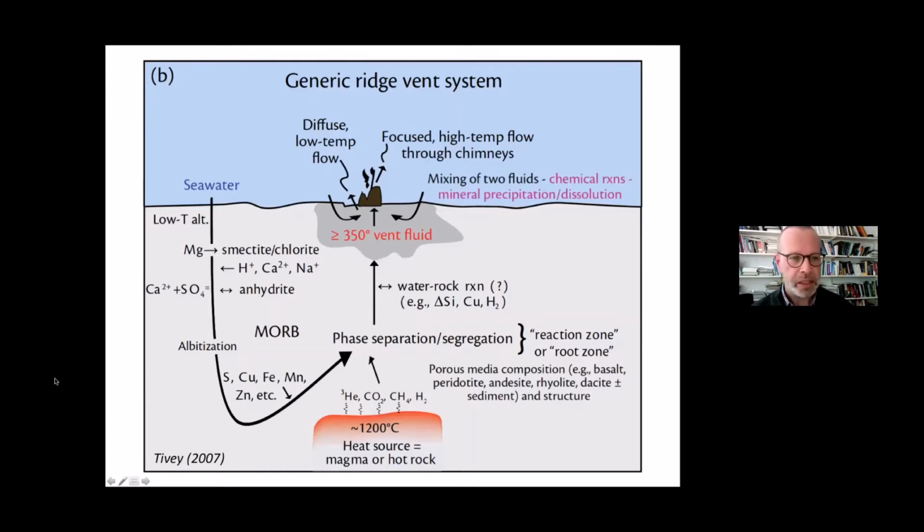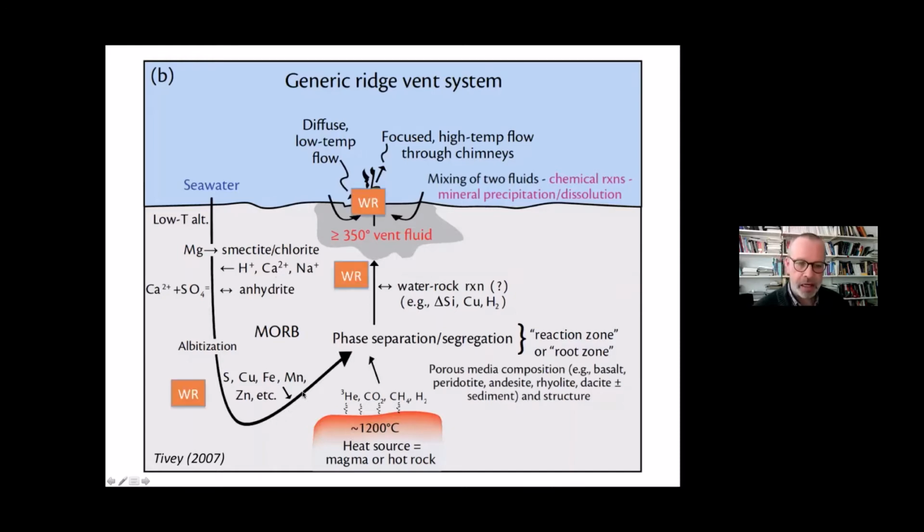And what we see here is basically the conceptual model of high temperature hydrothermal vents in the deep sea. It starts with seawater that gets entrained into the crust and undergoes heating and a plethora of reactions that change the composition of seawater radically.